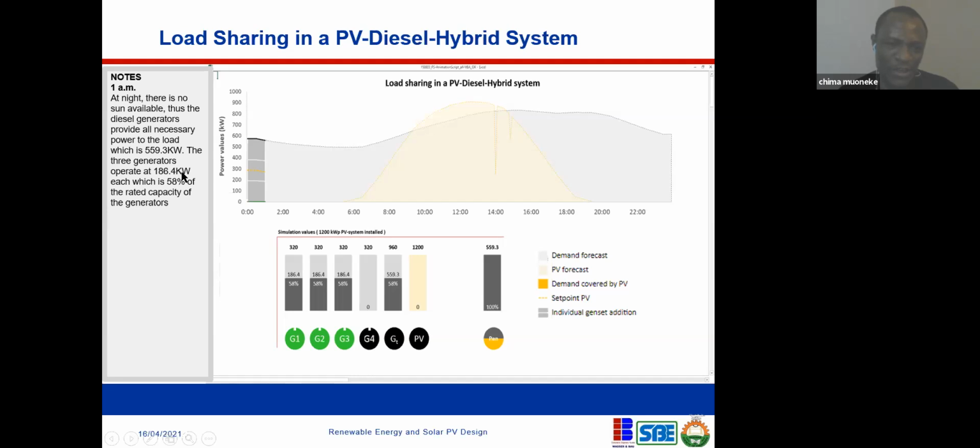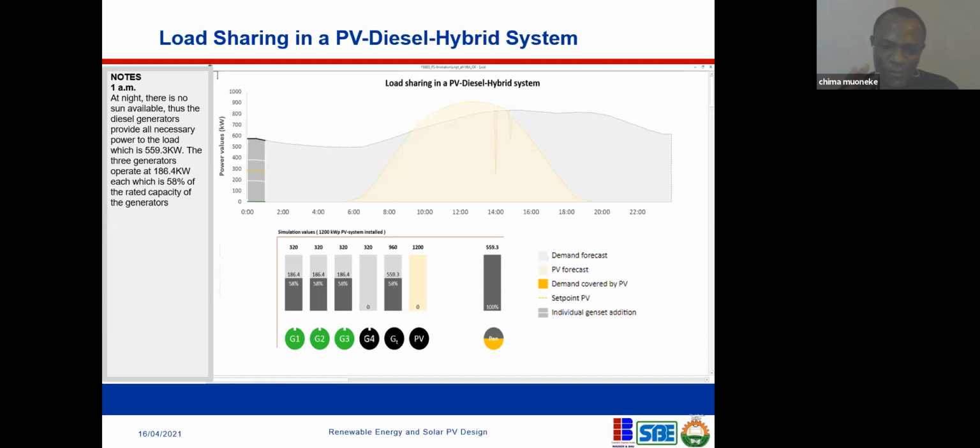Sorry, Engineer Chima, please, is it 3 or 4 generators? I'm becoming confused here. I said it is 4 generators. I will make that correction and then send the final slide to you. So are all 4 generators operating at 186.4 kilowatts? No, not all 4 of the generators are running. Okay, I understand where your confusion is coming from.